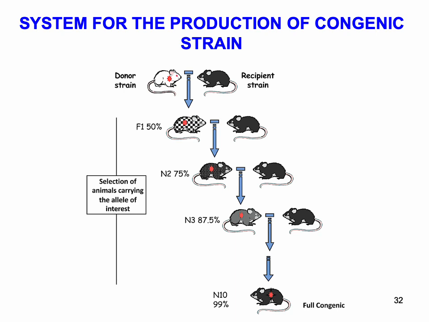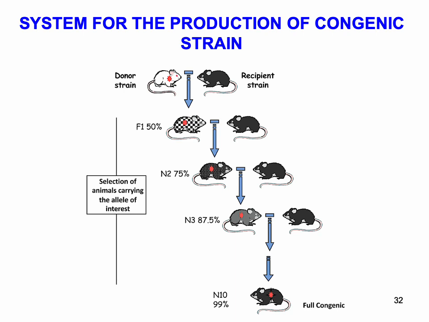Here you can see a figure of a system for the production of congenic strains, and in the next you can see that we have a donor and a recipient strain.